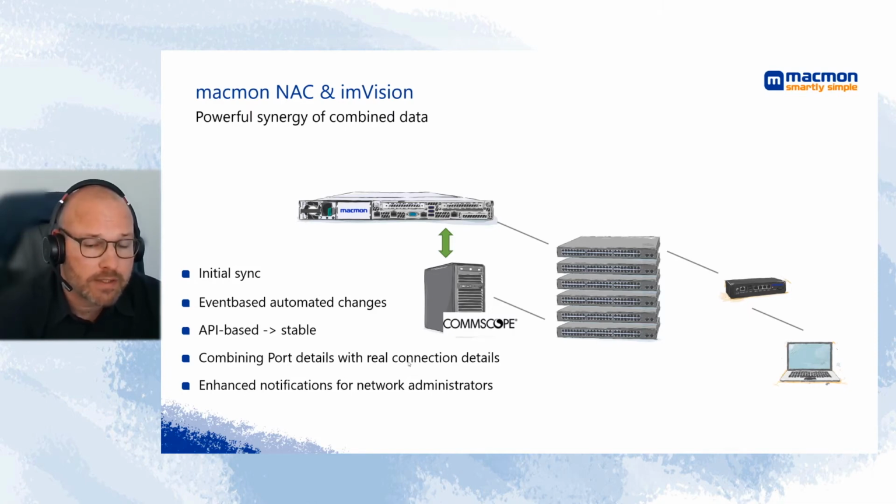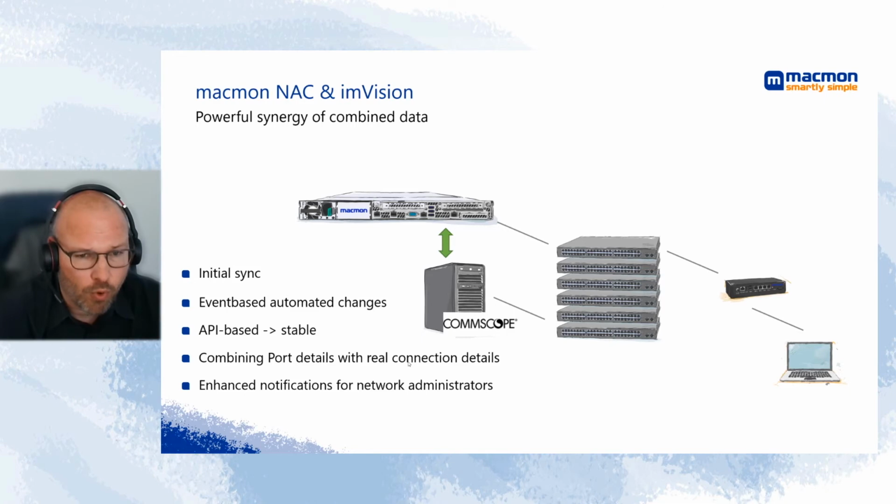And then event-based, everything is maintained. So as soon as CommScope discovers changes in the network, these are transferred to macmon to really have always up-to-date data. The integration is API-based, so it's very stable as these APIs are versioned. So it's always ensured that this is a long-term functional integration.